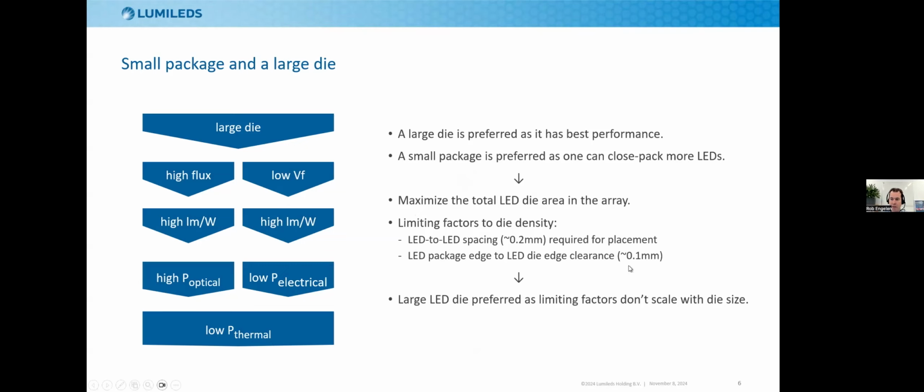Even though they're small, both of these metrics don't scale with what die size we use. So to keep the impact of these limiting factors as low as possible, we need to use large die, because that will give us the most packing of LED chip area in the array. So large die is preferred.